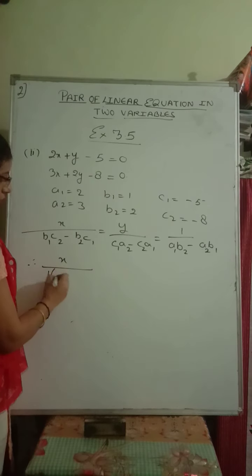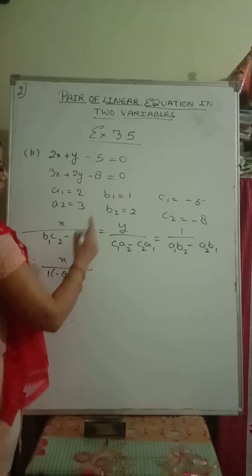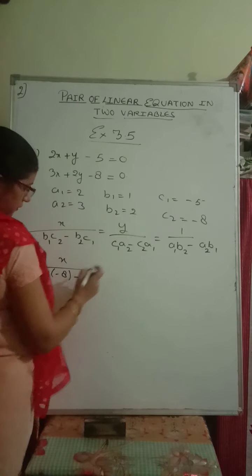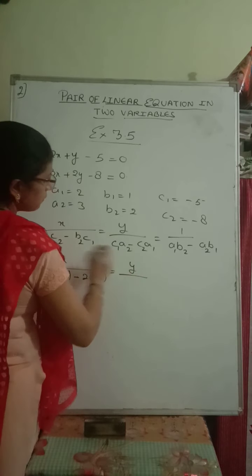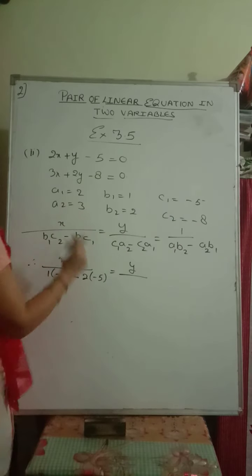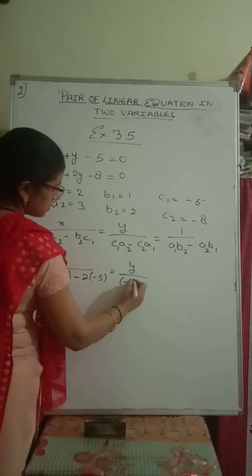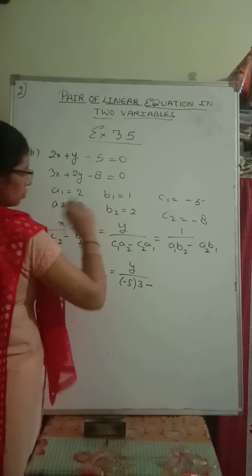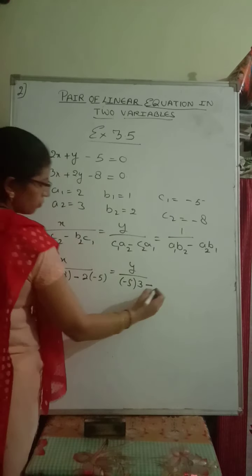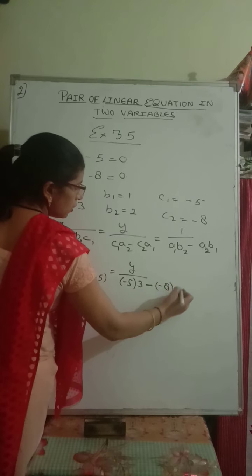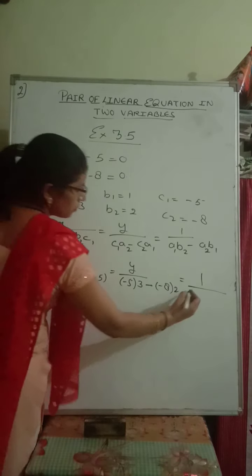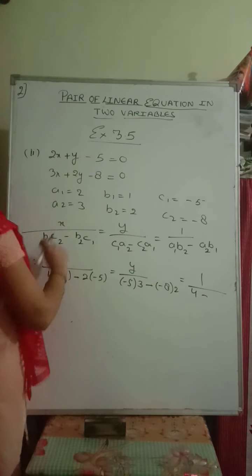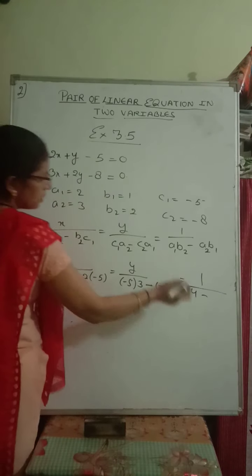That means 1 into minus 8 minus 2 into minus 5, equals y upon minus 5 into 3 minus minus 8 into 2, equals 1 upon A1 B2, 2 into 2, 4 minus A2 B1, 3 ones are 3.